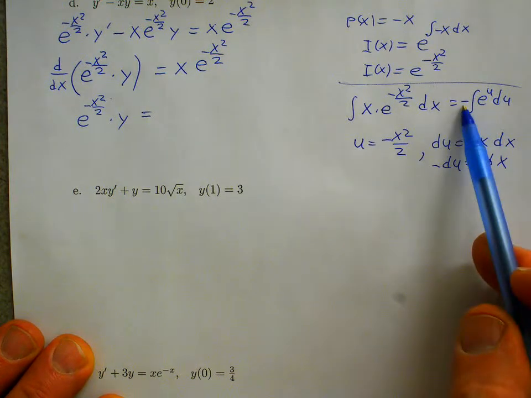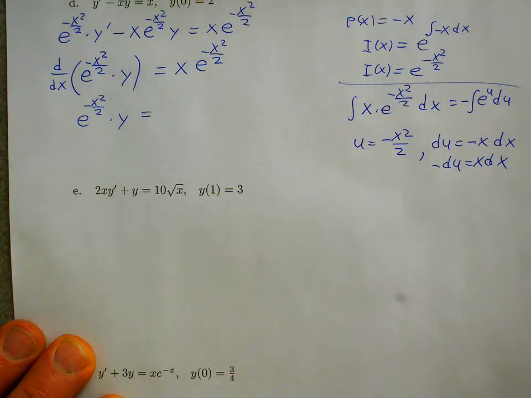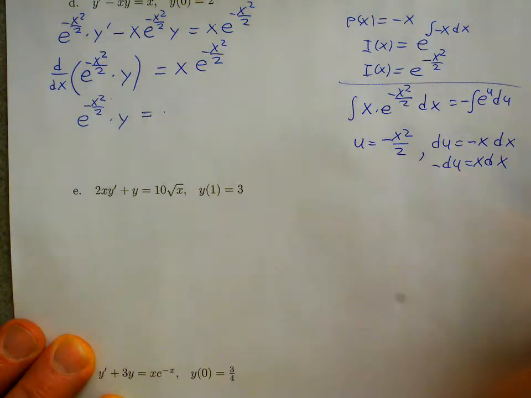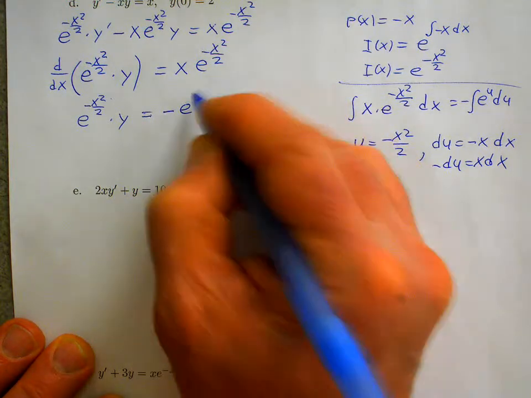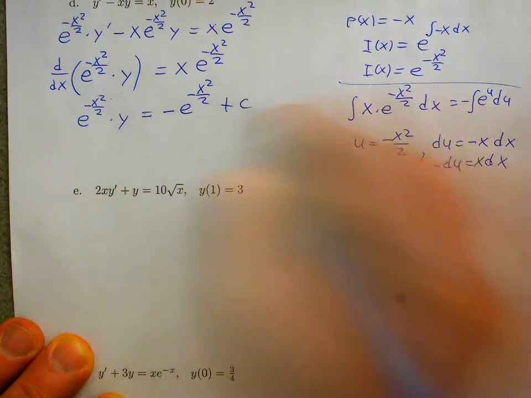And so that's going to be negative e to the u. But u is negative x squared over 2. So this is going to be equal to, after we integrate, negative e to the negative x squared over 2 plus a constant.